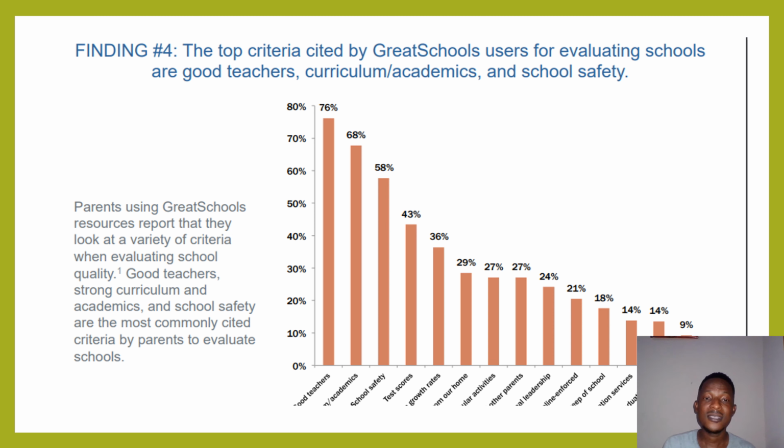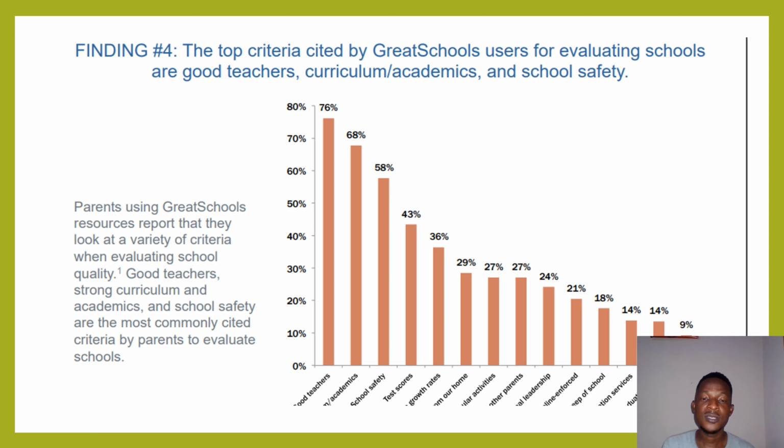So 76% of the parents that took part in the survey said they look out for good teachers before they pick a school. The next one is academic success of the school, which was 68%.